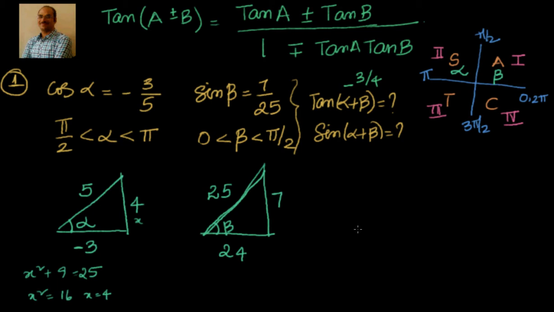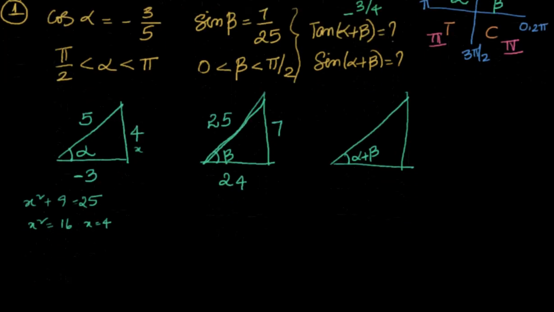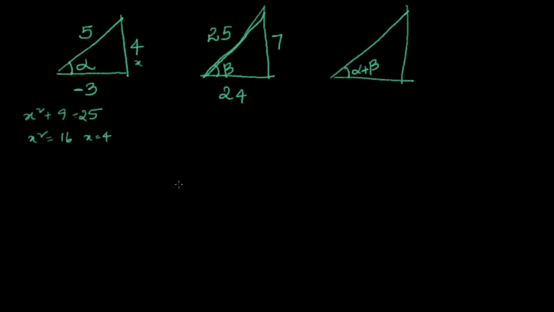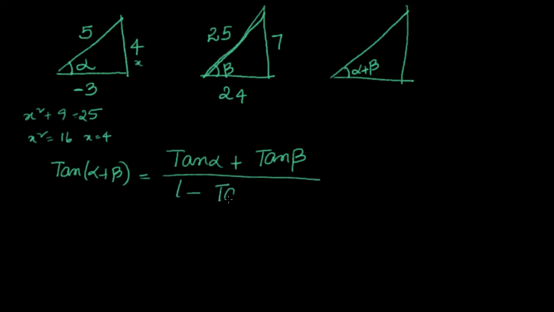Okay, now let's go ahead. We'll also put one for alpha plus beta, so that we will leverage it for sin of alpha plus beta once we get tan of alpha plus beta. Now let's apply the formula here. What is the formula for tan of alpha plus beta? Tan of alpha plus beta equal to tan alpha plus tan beta by 1 minus tan alpha tan beta.